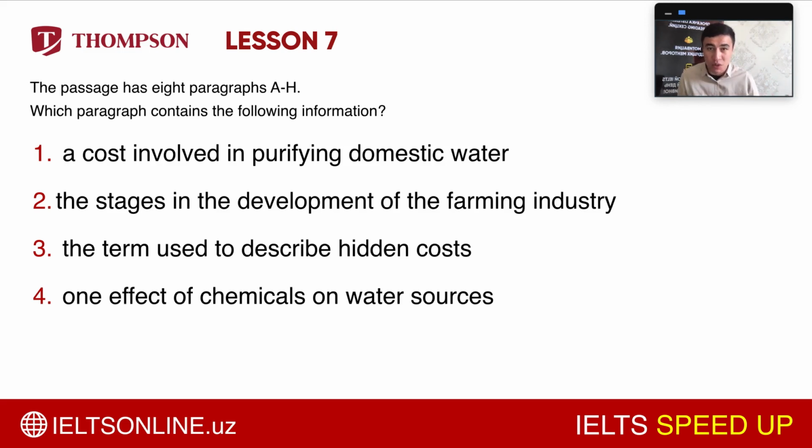So terminology, a word that is used to describe hidden costs. And the last is: one effect of chemicals on water sources. So, how chemicals might affect water sources. Okay, you probably remember all four questions.